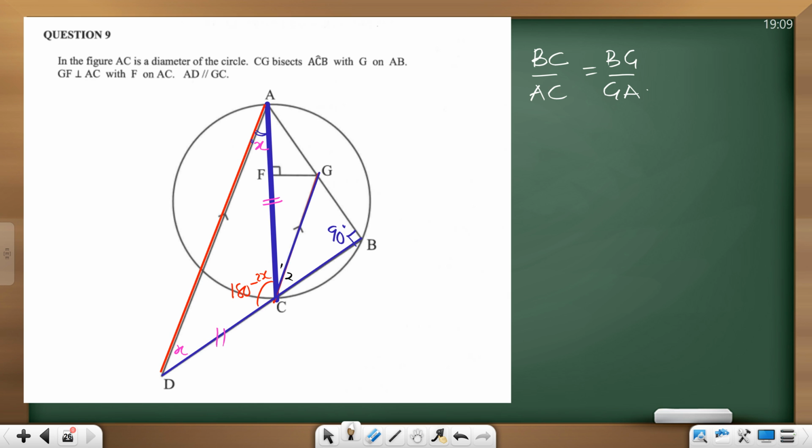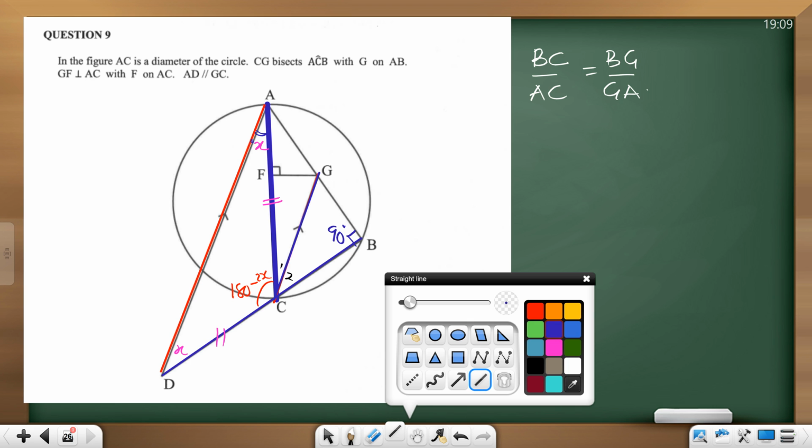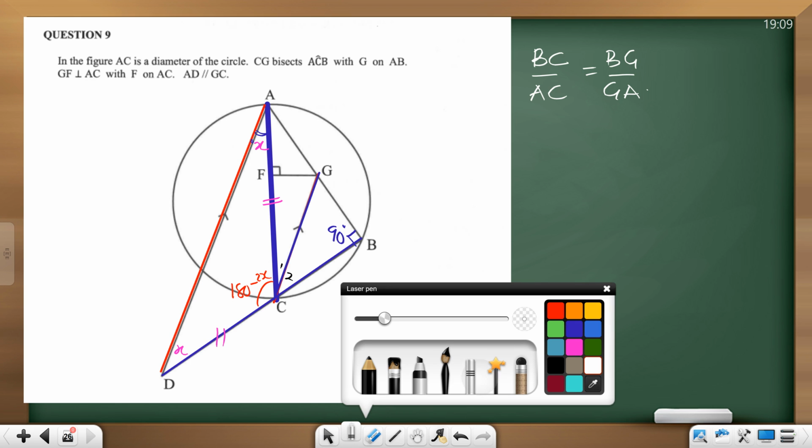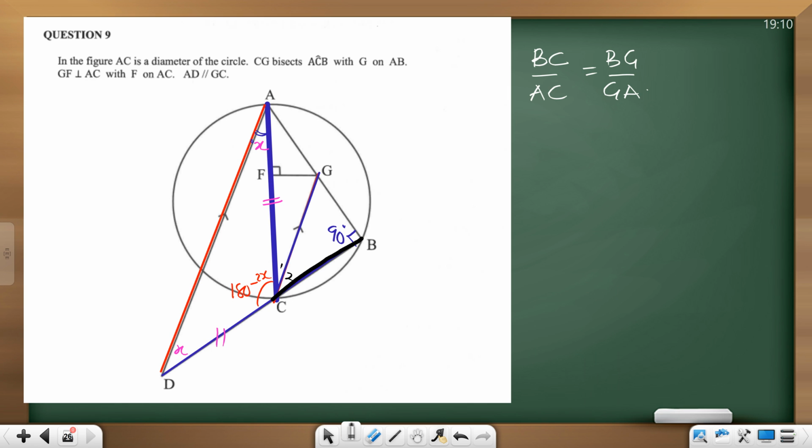Okay, Biggie says there isn't a smaller one. Okay, let's use highlighters to make it blink. What are we looking for? We're looking for BC over what? AC equals what? BG over GA.